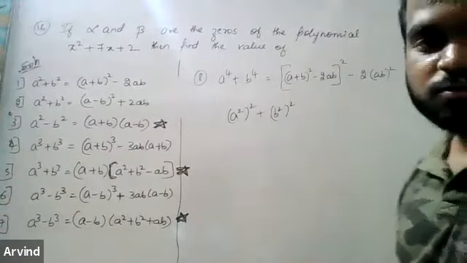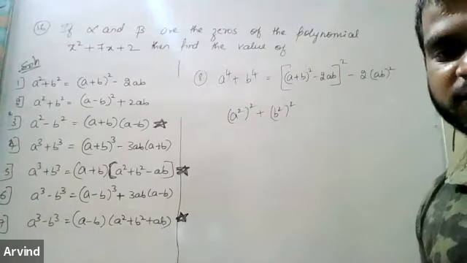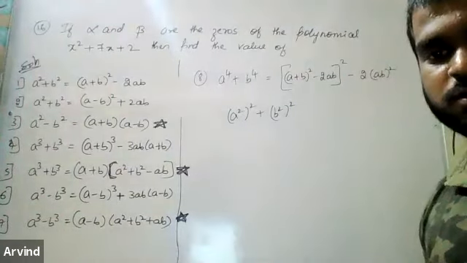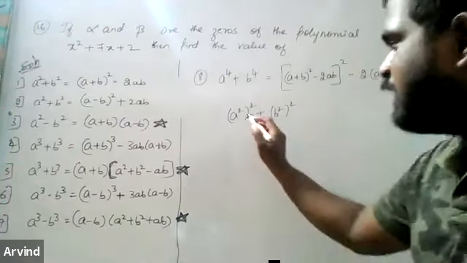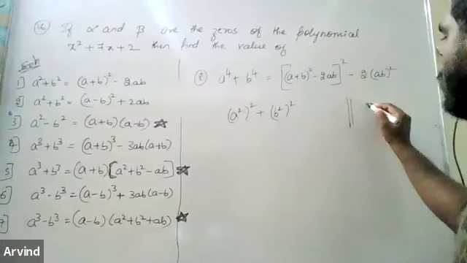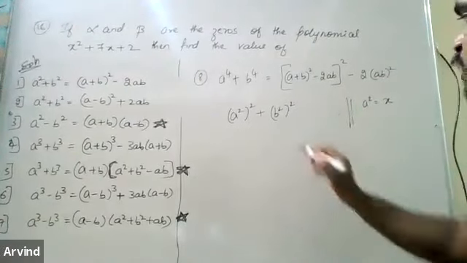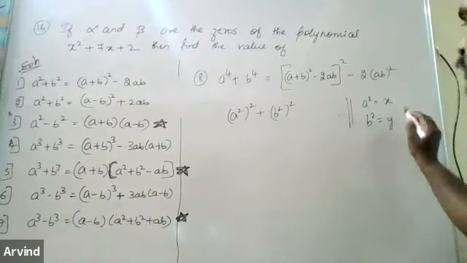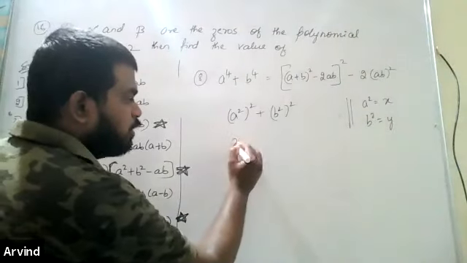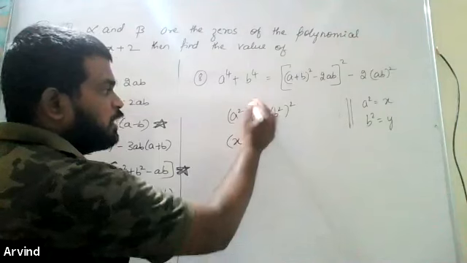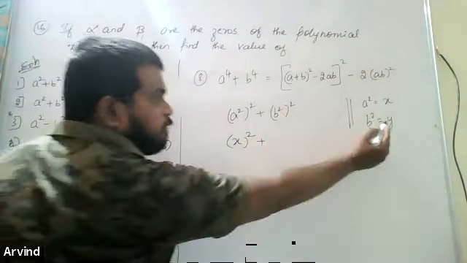Do you agree? Yes sir. We can write it like this. To make it easy, I take a square as x and b square as y. Okay, just so it is understood quickly. a square is taken as x, so this square stays, plus b square, which we have taken as y.